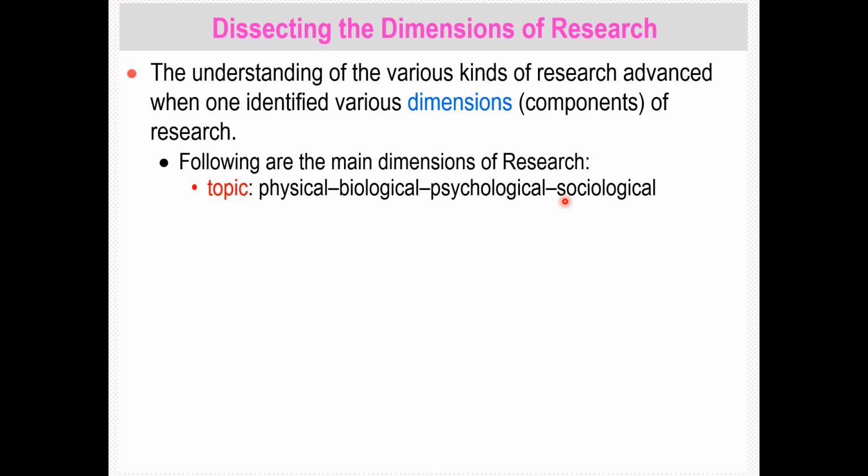The topic can vary depending upon the field. If you're working in a different field, the topic of your research can be selected with respect to the special requirements of that particular field. So this is where you can select the topic of your choice.